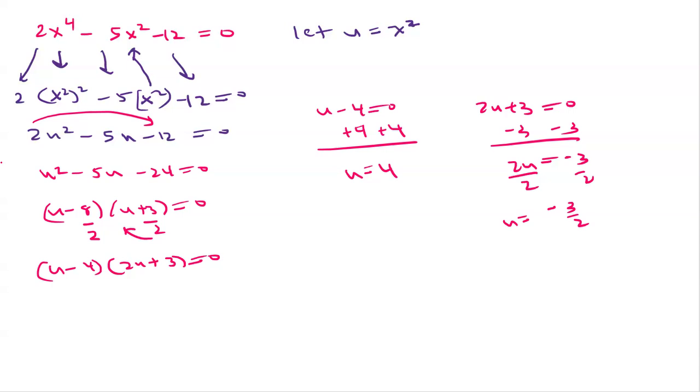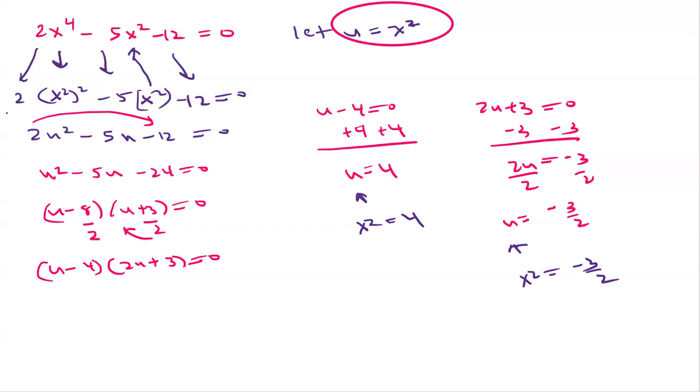We have to plug in what we had originally, and that was x squared. So now I can plug in x squared for u. That's going to be x squared equals 4, and as well for this one, x squared equals negative 3/2.